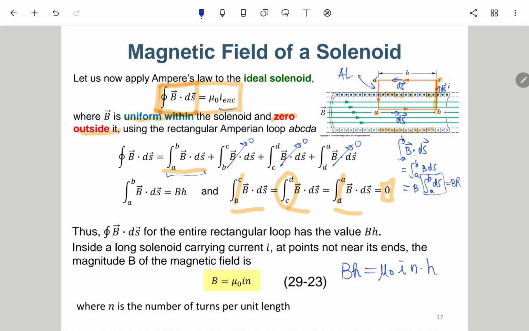What it really means is that n here is the number of turns per unit length. Just as I mentioned in the previous chapter, we always use capital N to specify the total number of turns, and small n refers to the turn density, which means the number of turns per unit length.